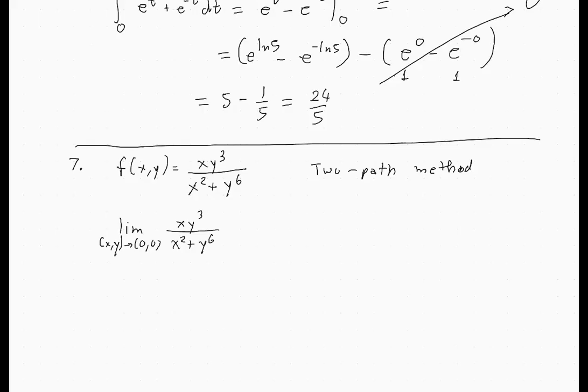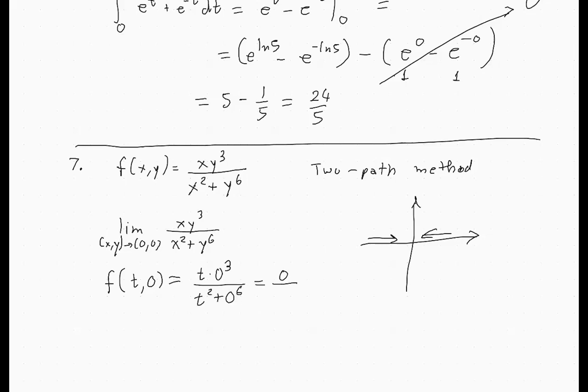Start by approaching the point along the x-axis, which are the points of the form t, 0. So if you do that, you will get what? You will get t times 0 cubed over t squared plus 0 to the 6th, which is 0 over t squared, which is 0, and that approaches 0. And on the other hand, now you need to try to match somehow the exponents if you want to get something that works fine.